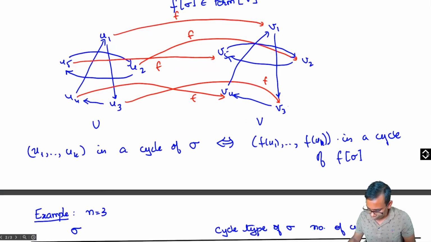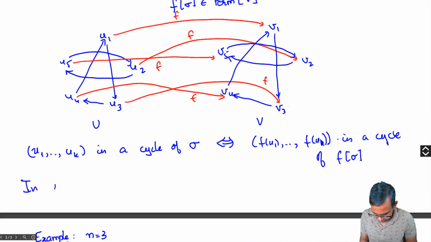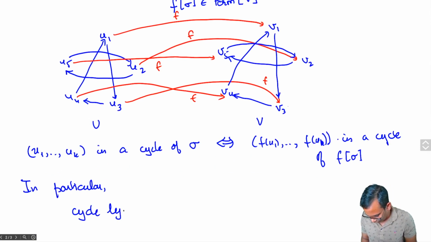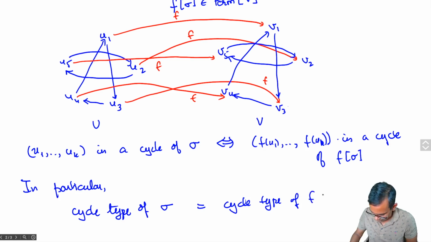In particular, the cycle type of sigma is equal to the cycle type of f sigma.